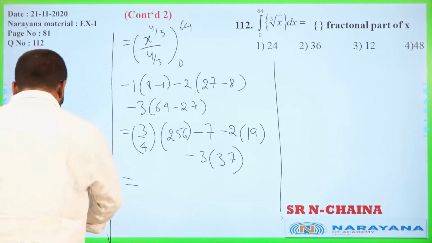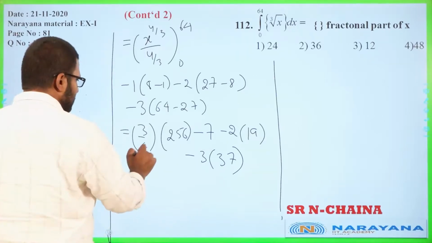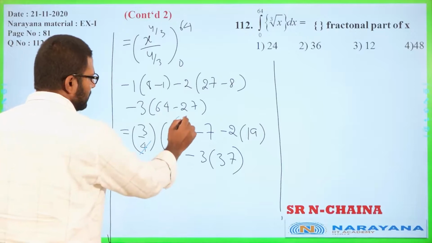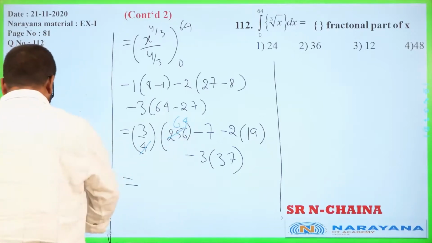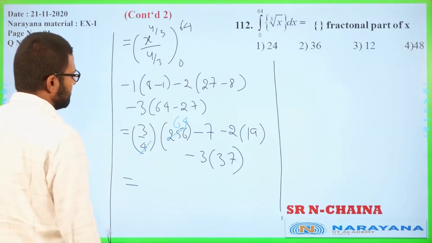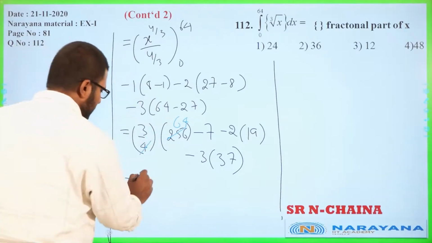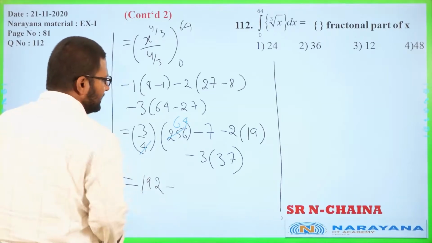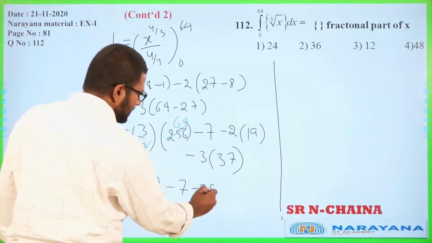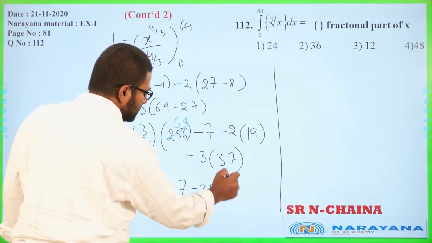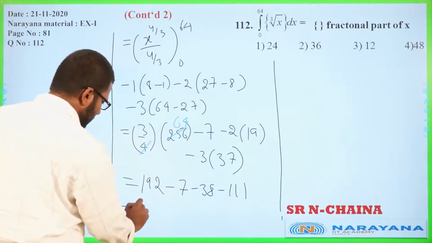So 3/4, I think you can cancel one 4, we will get 64 anyway, correct? Because that is 4 raised to 4. So 3 into 64 is 192, minus 7 minus 38 minus 90 plus 21.